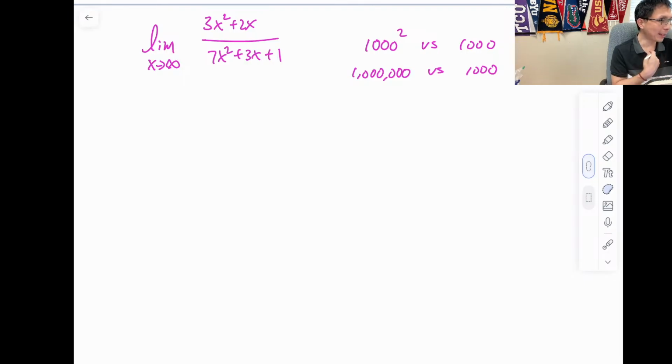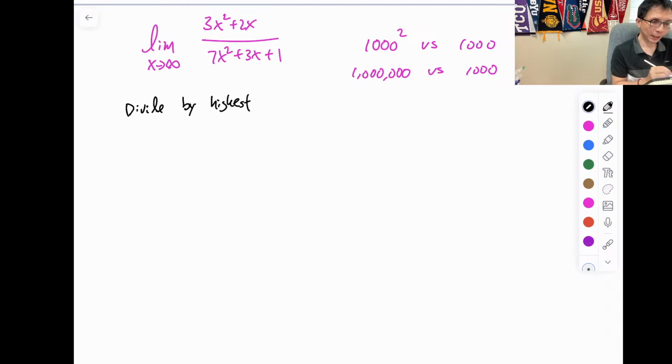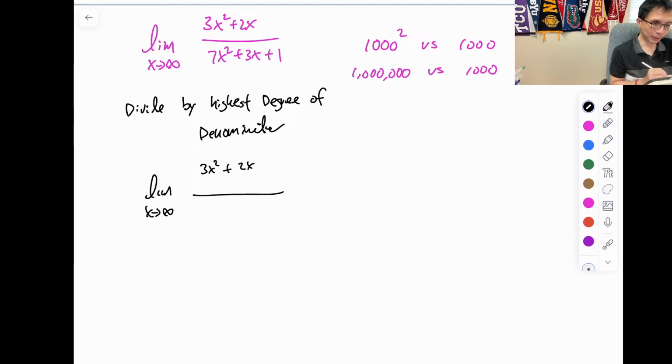But mathematically, how do we approach it? You divide by the highest degree of the denominator. Then the limit as x approaches infinity, I'm going to rewrite the whole question. What is the highest degree of the denominator? x squared, right?